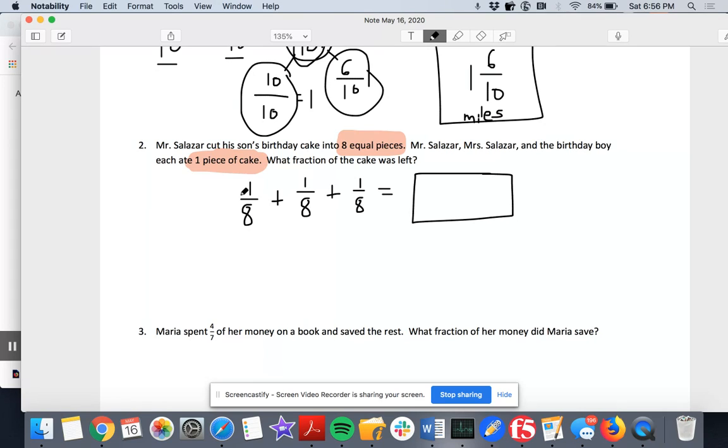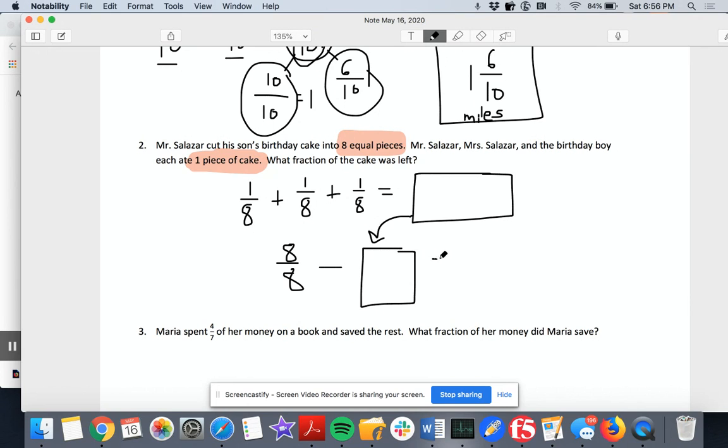That would just be, this is very day 1 fraction review. We know that each piece of the cake represents 1/8 of the cake. So find out first how much of the cake was eaten, and then you need to go ahead and use that to help you subtract to find out how much of the cake is left over.